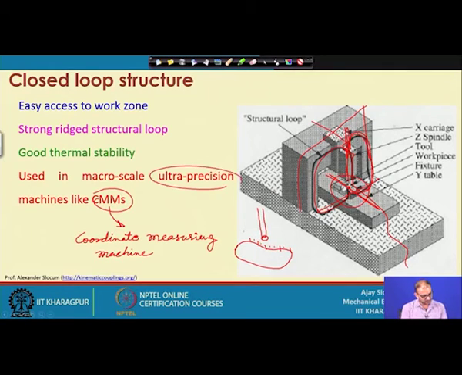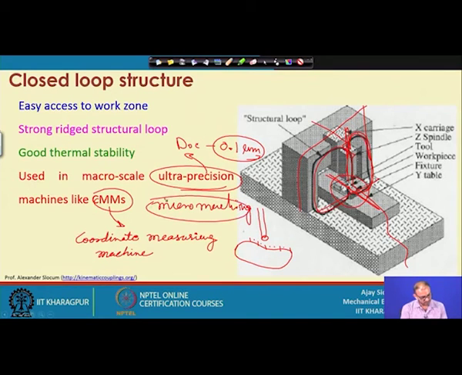And this is ultra precision machining, because in ultra precision machining we have seen different examples where we are working with a very small depth of cut. In ultra precision, the depth of cut can go to 0.1 micron also, but in micro machining what we do is go a little bit higher, it is tens of microns, correct.